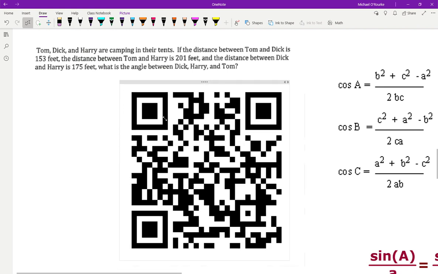Once you have your diagram, I want you to either use the QR code there or use this in chat to show me your diagram. We're going to find the angle after. I just want you to show me what you've drawn first using the Padlet. Okay?